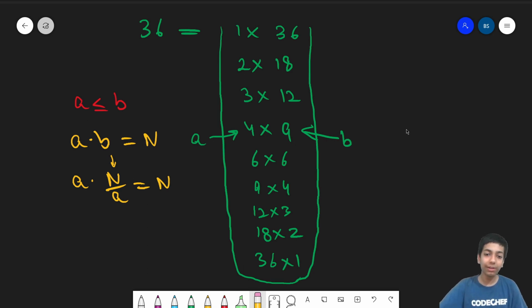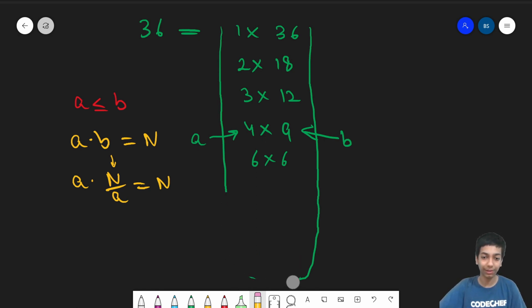What I can simply do is remove the duplicates from this set as well. So 9 into 4 already has a duplicate, 4 into 9, above, so I remove it. 12 into 3 also has a duplicate, 3 into 12. Basically this is a mirror of the upper half, so I can remove all these because they have a duplicate above, right?